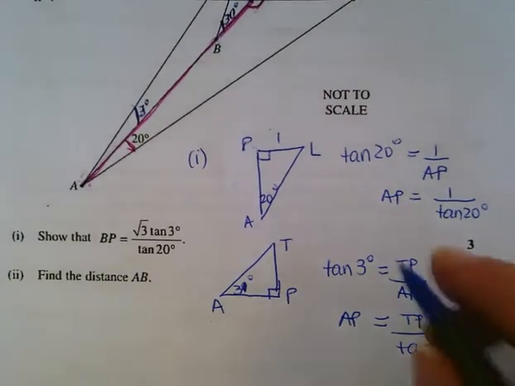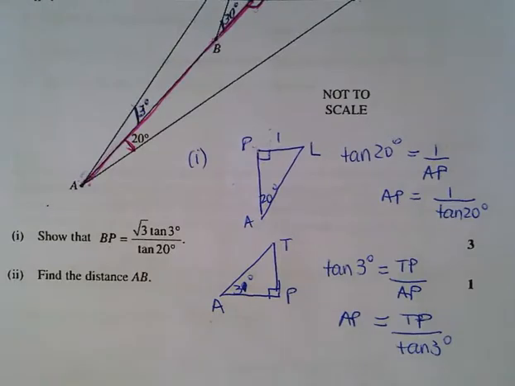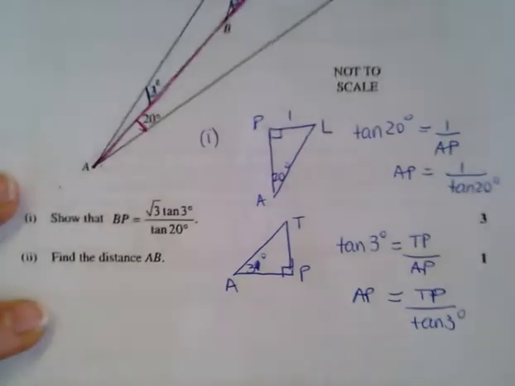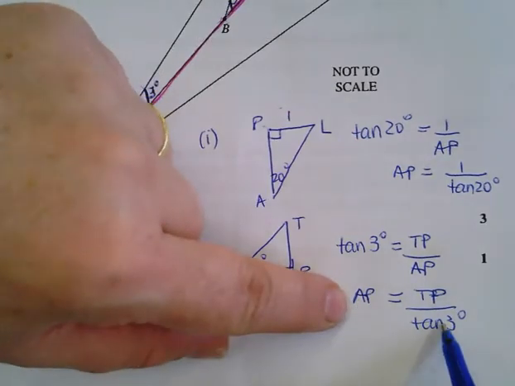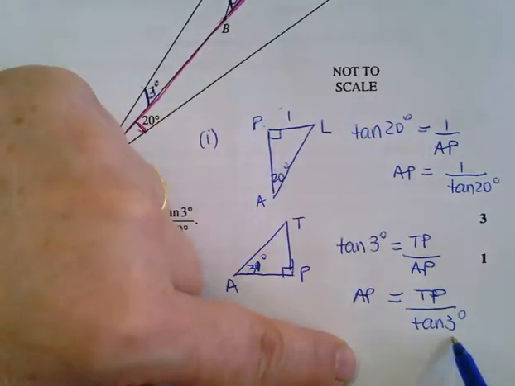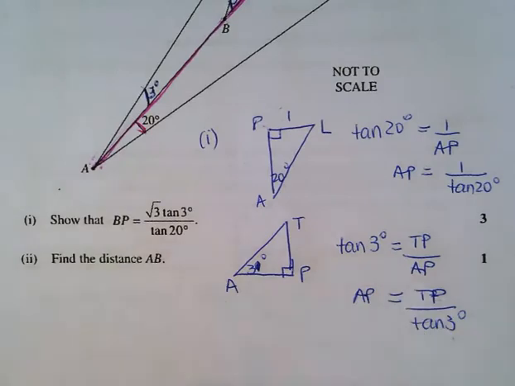Maybe we can come up with an expression for TP. All right, so we've got 2 expressions for AP. So that means we can come up with an expression for TP now, because the 2 APs are equal to each other. I've got an expression for AP here, and I've got an expression for AP here. So can't I put them equal to each other and come up with an expression for TP?